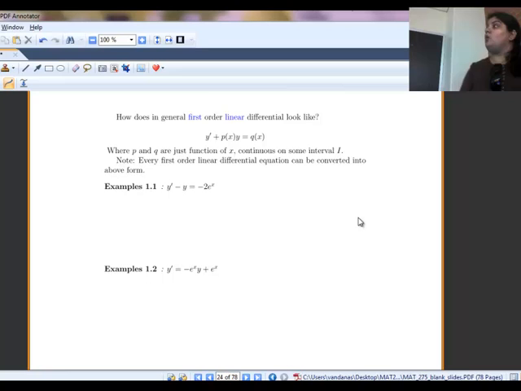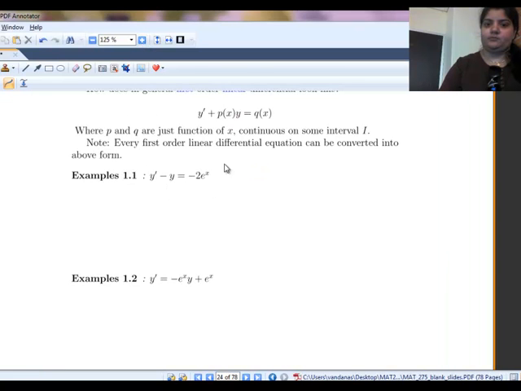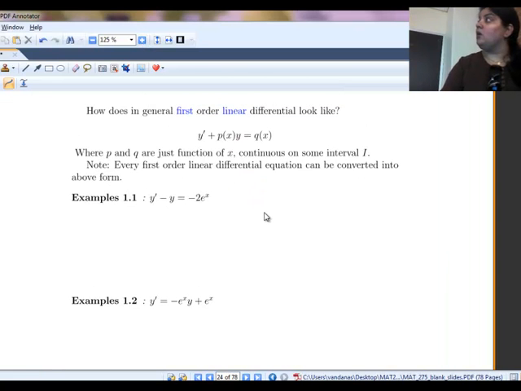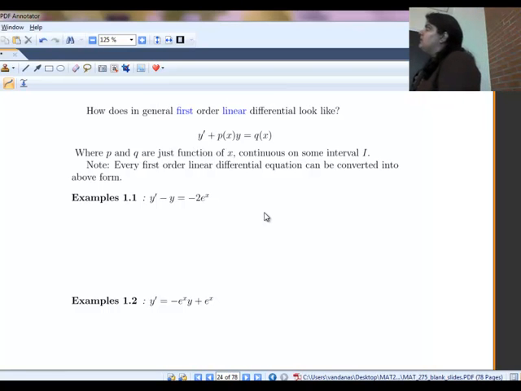Okay. Y prime plus p(x)y is equal to q(x), right? So this is a first order differential equation. Is it separable?